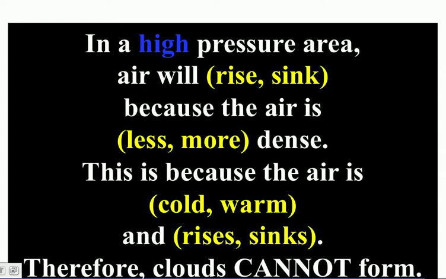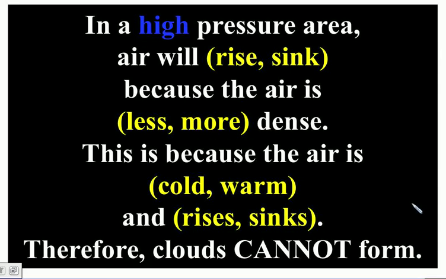One more quick review. Thinking about high and low pressure, how they not only move, but why they're moving that way because of their density and temperature. Go ahead and take a quick pause and fill in your blanks based on the choices in yellow that you see on the screen. So in a high pressure area, air will blank. You have two choices, either rise or sink. And again, we're answering these in terms of high pressure.